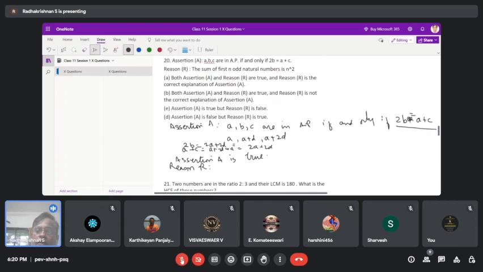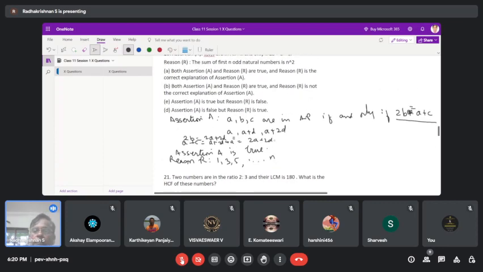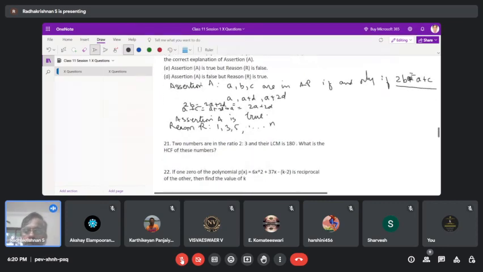First n odd natural numbers means 1, 3, 5, etc., up to the nth term. The nth term will be 2n minus 1, because the first term is 1, 3, 5, etc.